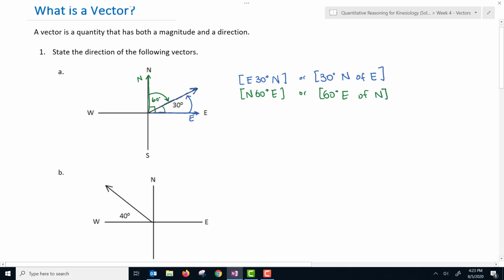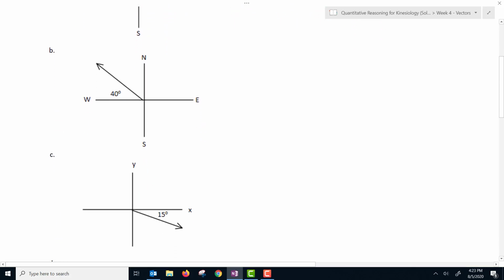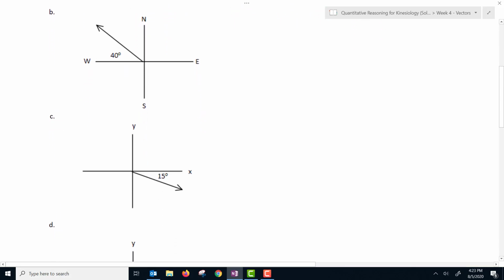Okay, so let's do the next one. One way of saying this is we can say west, because this is west. And then from west, we're going 40 degrees towards the north.